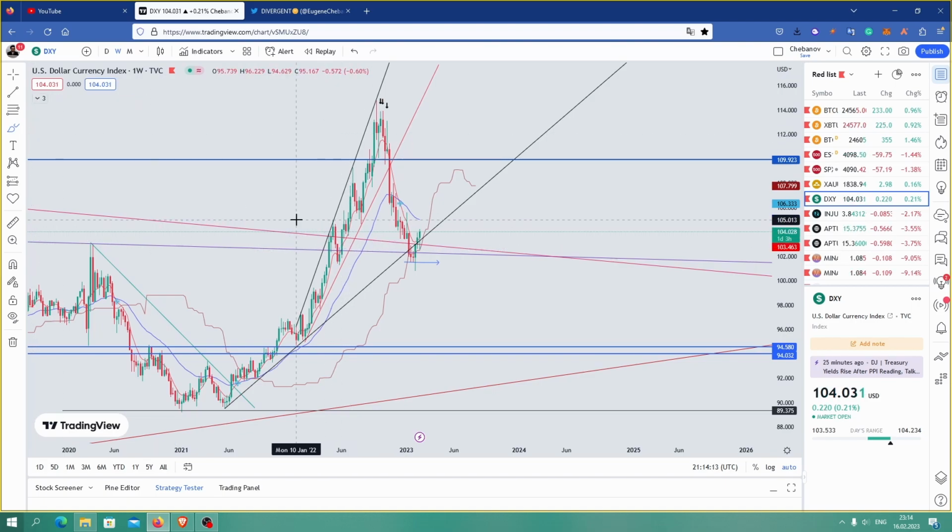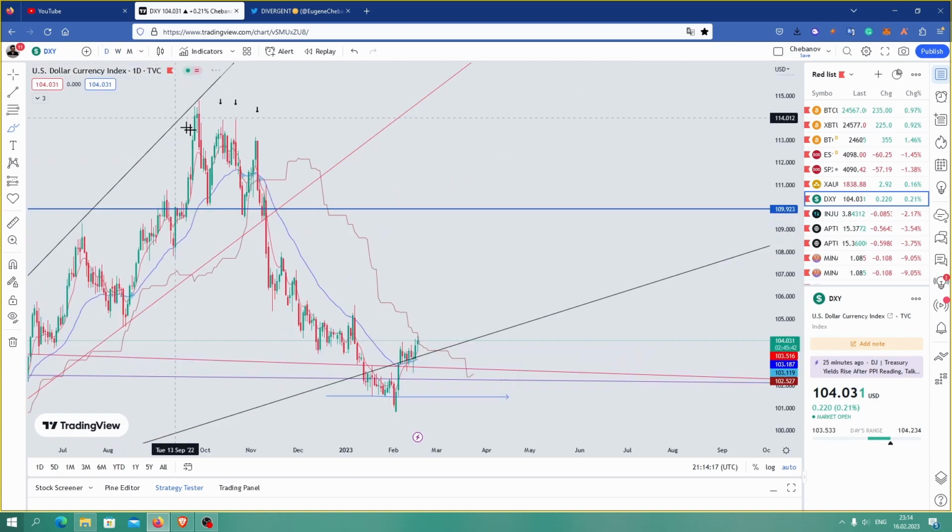I think it is going to be taken, maybe even this week. Highly probable. Why? Because we are breaking the Kijun as resistance. We have reclaimed so many global trend line resistances that we held for years.